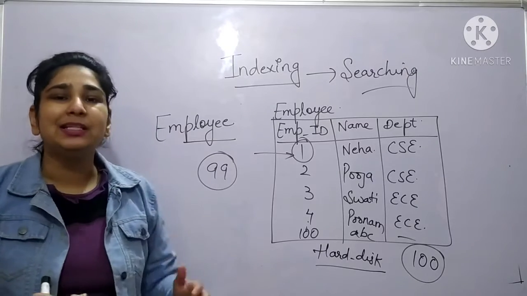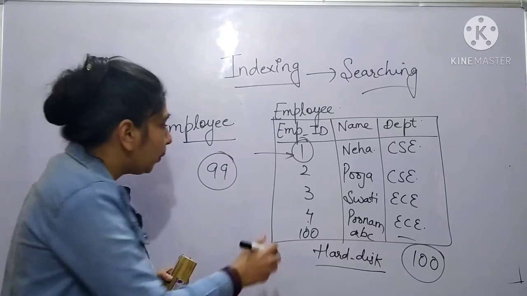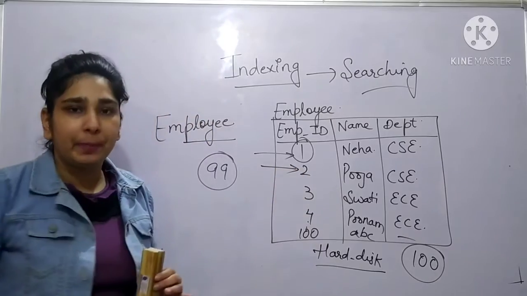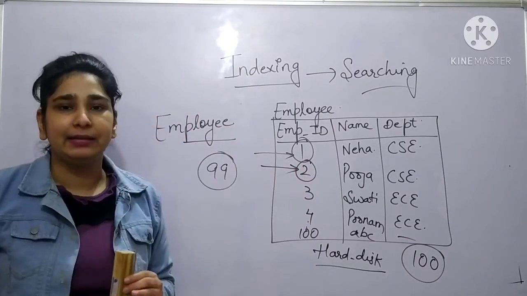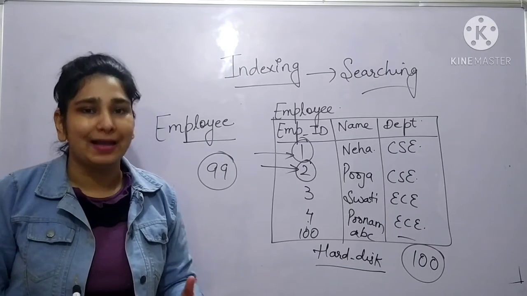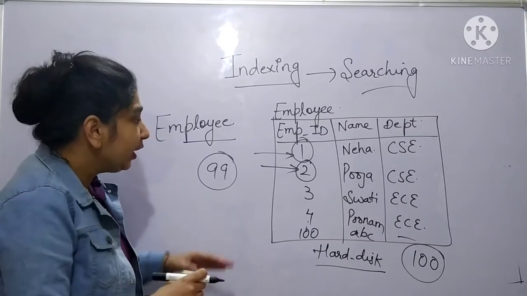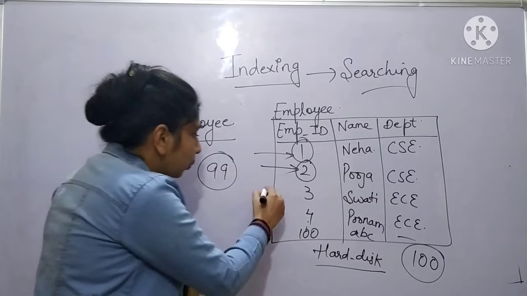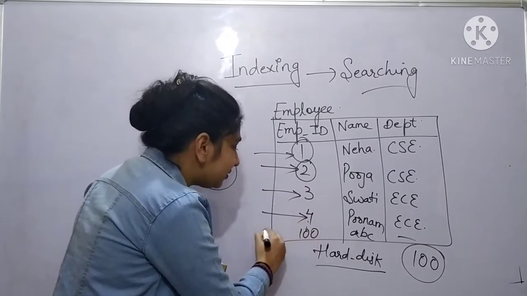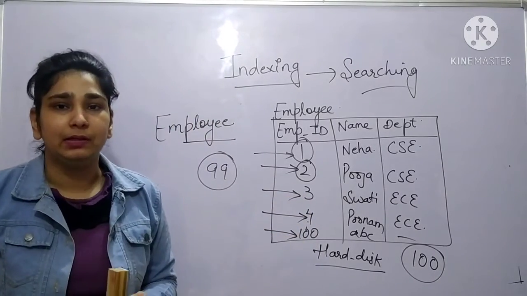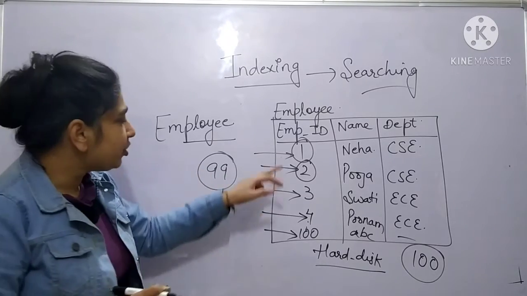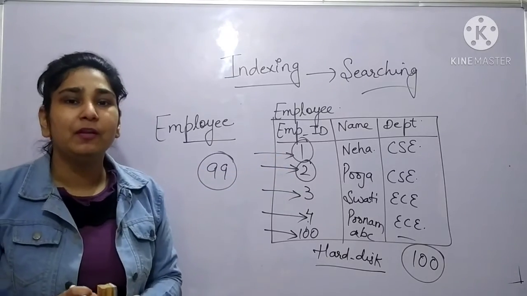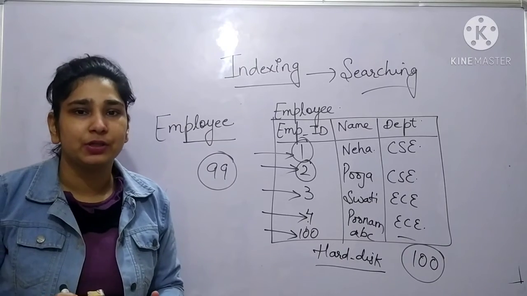They both mismatch, so we will move to the next tuple. Then we compare 2 with 99. They mismatch, so this way we will be processing the table. We will be comparing 99 with each and every value if we are doing linear search.